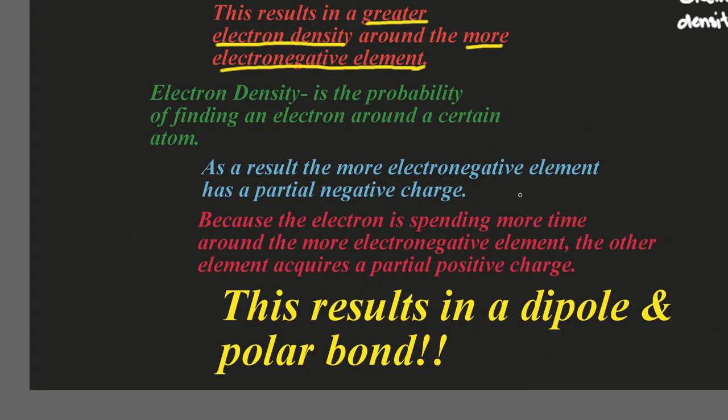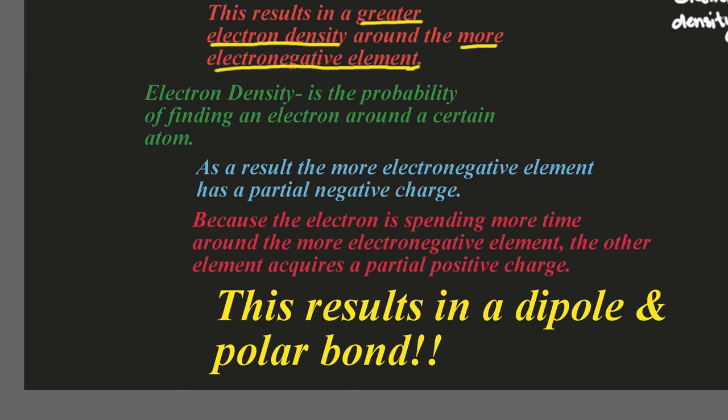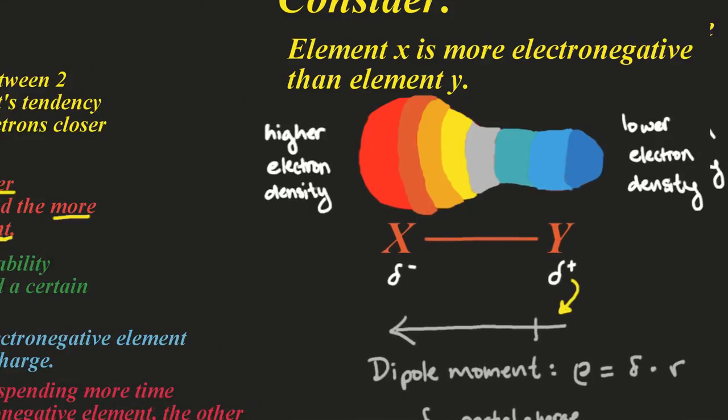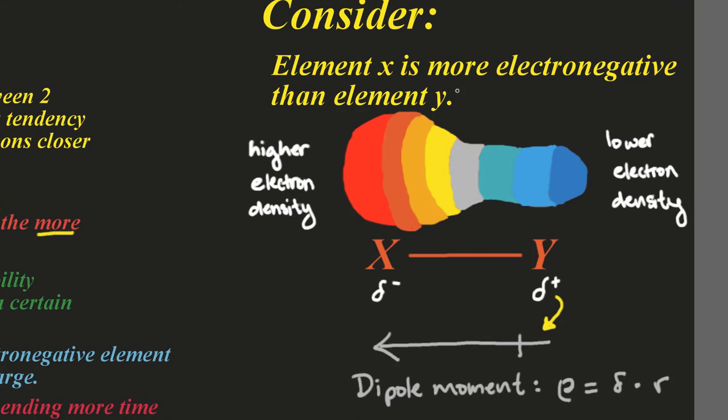All right, so we already discussed that there's a partial negative charge and then a partial positive charge for the other element that's not as electronegative, and it results in a dipole and a polar bond. Okay, so I've already drawn this for you.